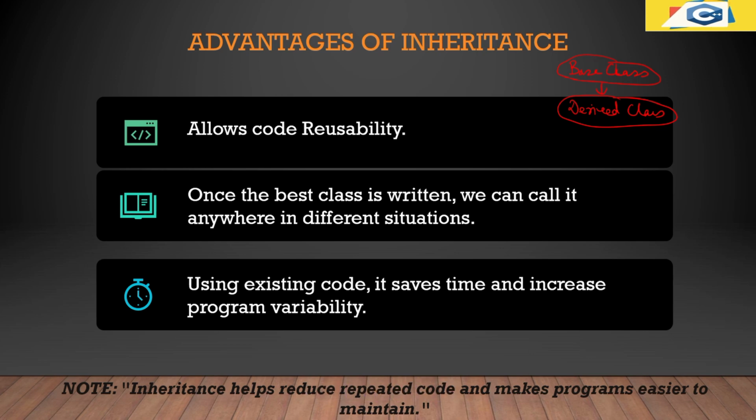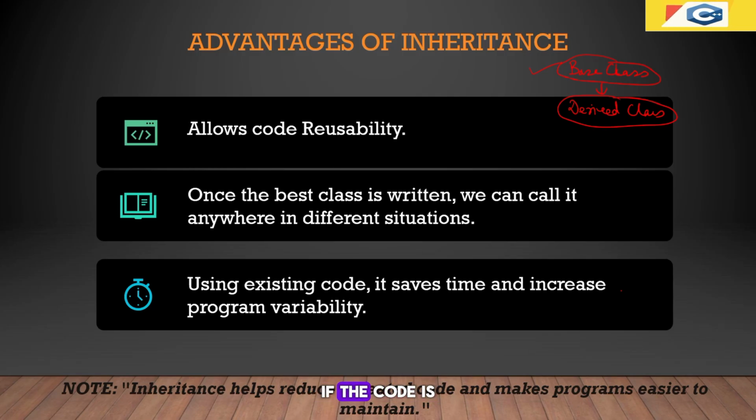The second advantage is that once the base class is written, we can call it anywhere in different situations. If this is the best code in terms of time complexity, number of lines of code or space complexity, if the logic is good and it is giving me the best time and space complexity, then I can say my code is the best code.